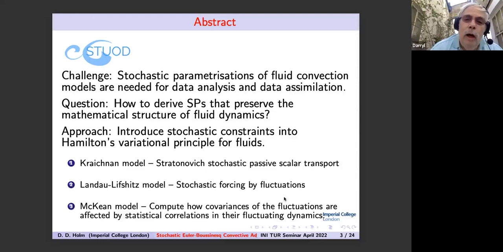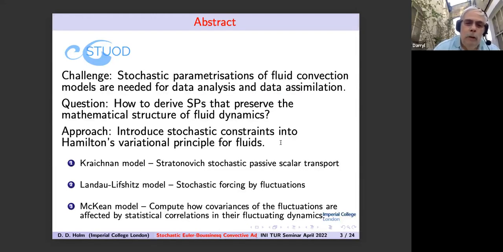And so the question is how to derive stochastic parameterizations that preserve the mathematical structure of fluid dynamics. So the approach that we'll talk about today is the introduction of stochastic constraints into Hamilton's variational principle for fluids.